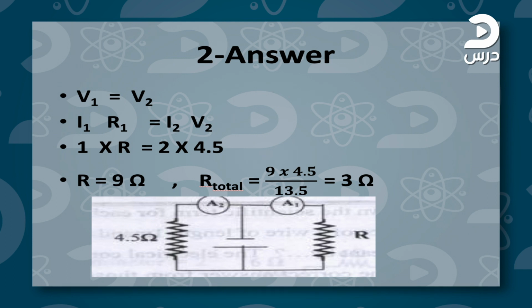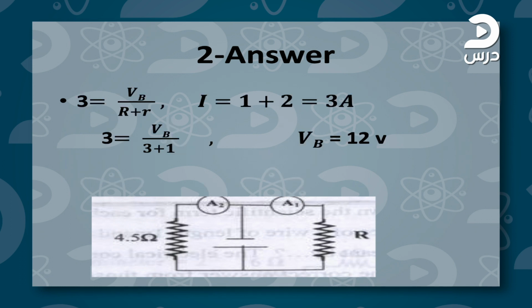The answer: V1 equals V2, as they are parallel connections. I1 R1 equals I2 R2, so 1 multiply R equals 2 multiply 4.5. So R total equals 9 ohm. But R total equals product over summation: 9 multiply 4.5 divided by 13.5 equals 3 ohm.